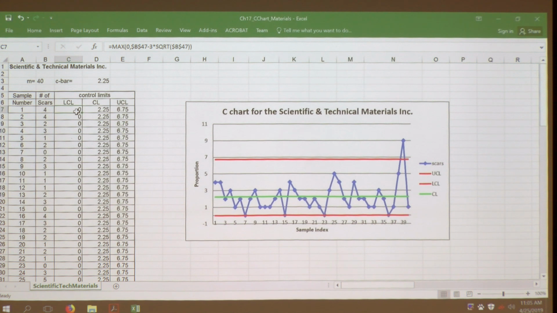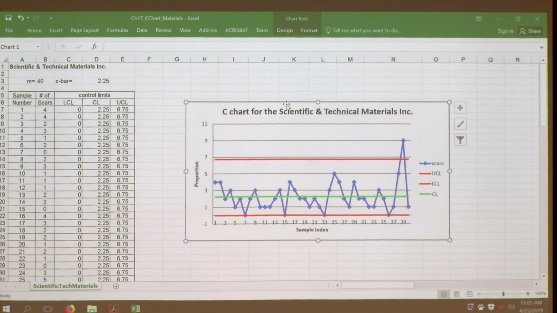You see here, I have an equation. This equation takes the max of 0 or this value. If the lower control limit is greater than 0, I use that value. If it's lower than 0, I use the maximum one, which is 0. So by this equation, it is automatically set to 0.